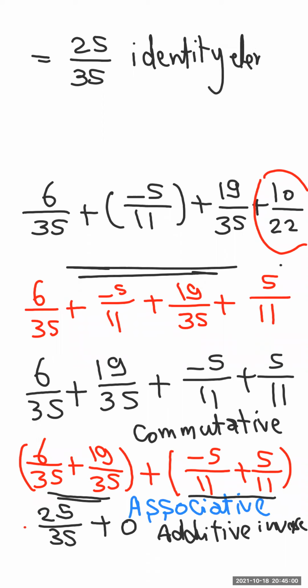Now the last step is to simplify 25 over 35 by dividing by 5, so it will equal 5 over 7. That's it.